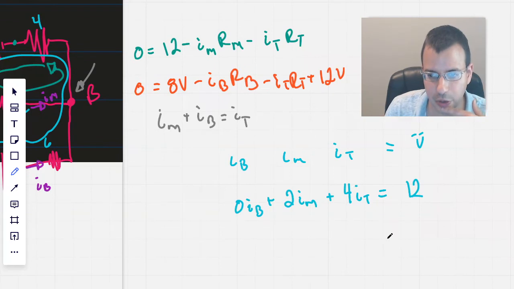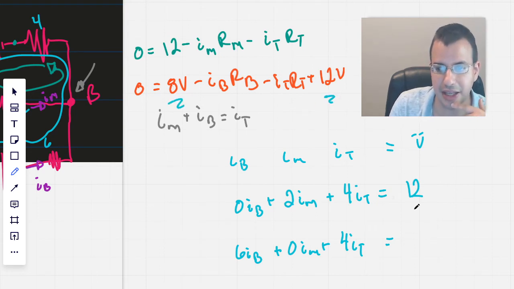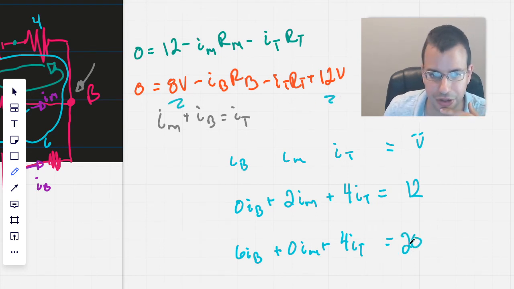Going to the second equation, our bottom resistor is 6. So we have 6 I bottom plus 0 I middle plus 4 I top equals, we have 12 here and 8 there, so that will be 20 volts.